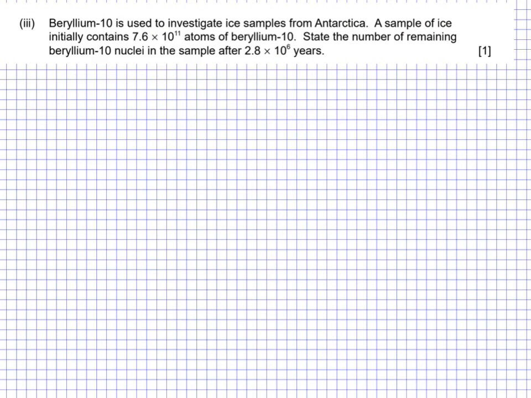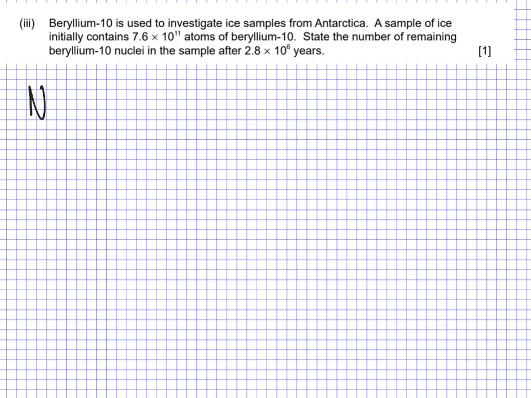Okay, so last part of the question, part 3. This is really just a plug and play. We're still on our beryllium to boron transmutation. This time we've got some numbers. So let's recall our formula that we want to be using for these half-lives.